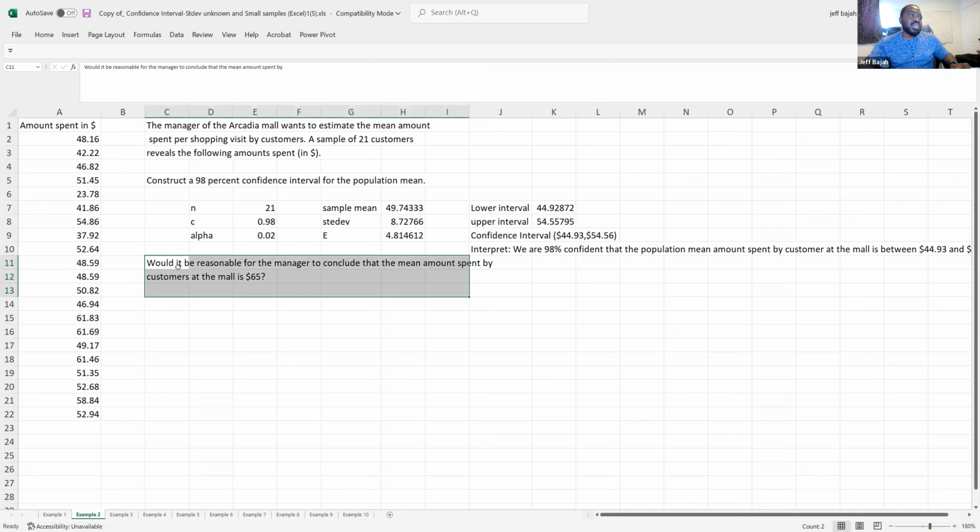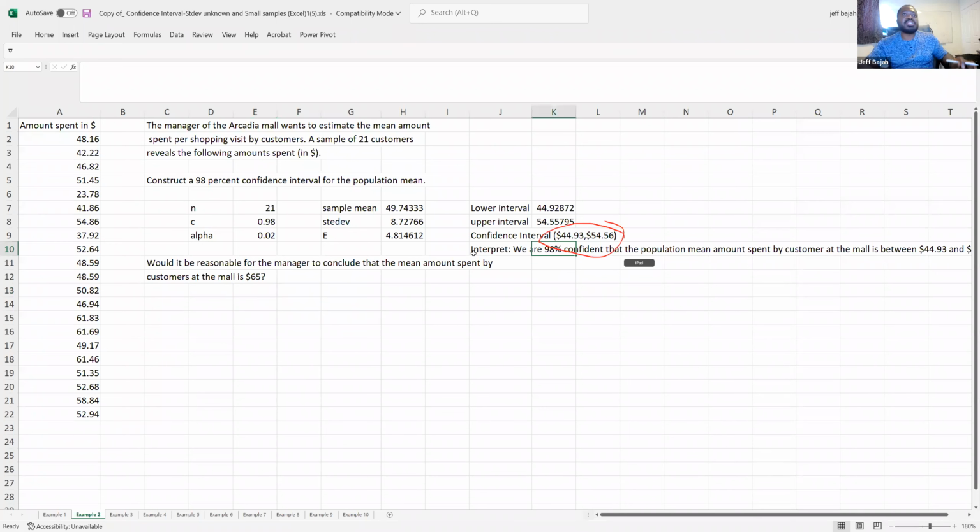Now the question is: is it reasonable for the manager to conclude that the mean amount spent by customers at the mall was $65? That's really wishful thinking, right? Because we're 98% confident that it falls within this range, which is way below what the manager is saying.